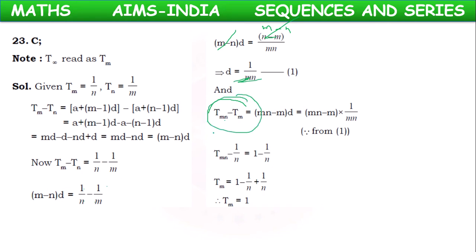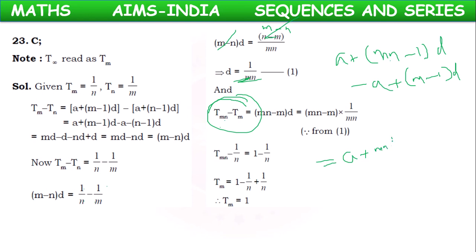Tmn minus Tm. Tmn value is a plus mn minus 1 into d, minus Tm, which is a plus m minus 1 into d. If we simplify, a plus mn into d, mnd, minus 1 into d, d.